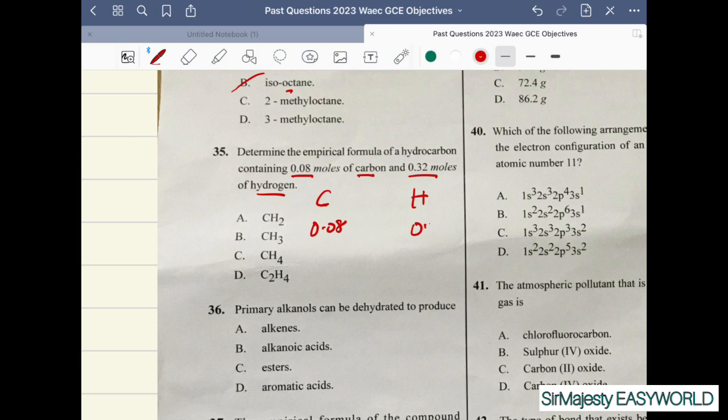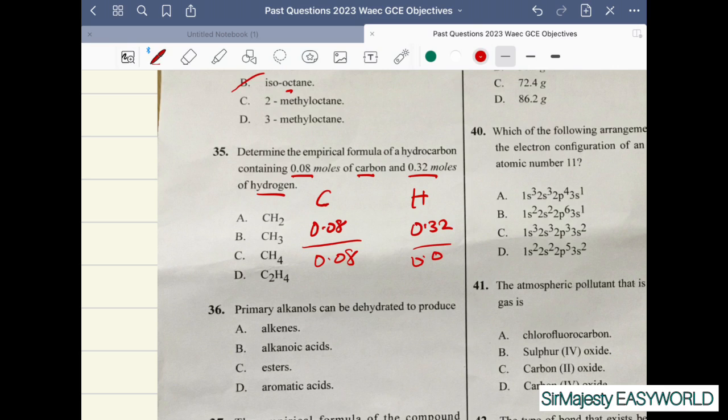Number of moles of hydrogen is 0.32. Here, you don't need to divide by molar mass, just divide by the smallest ratio. The smaller one among 0.08 and 0.32, which one is smaller? 0.08.